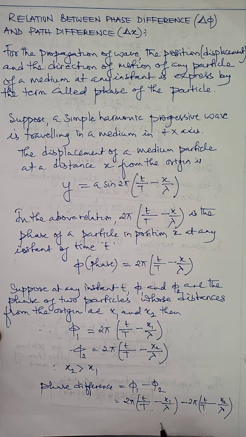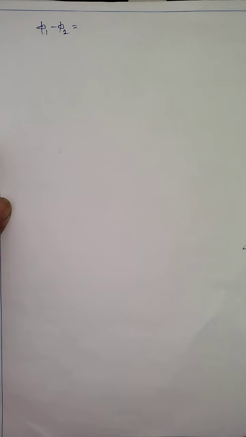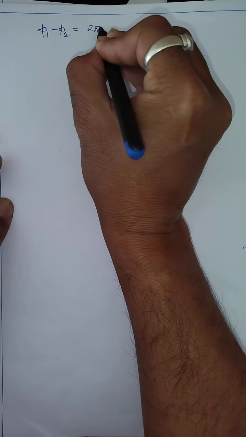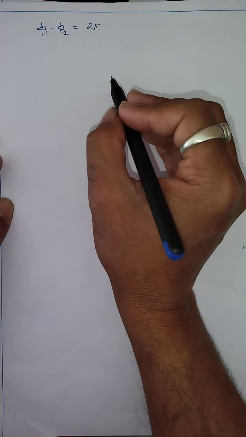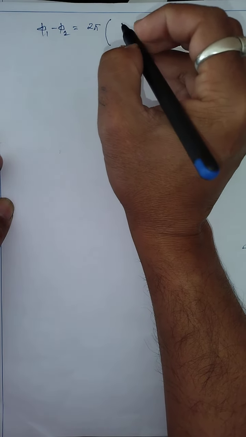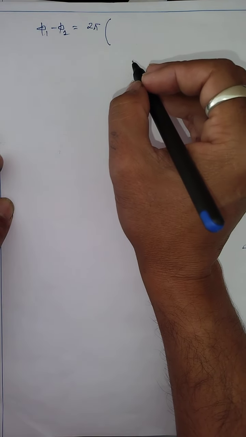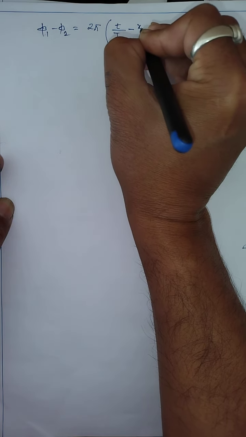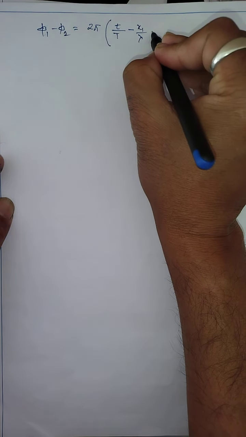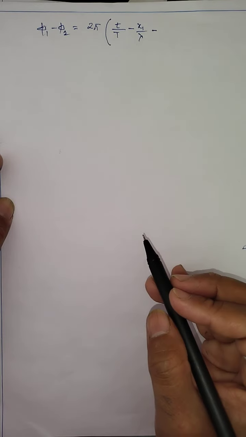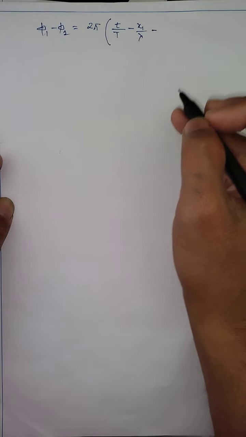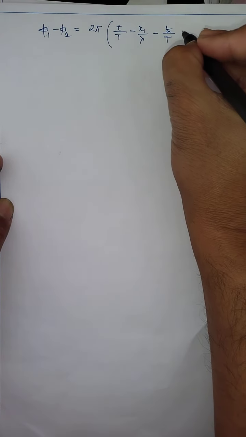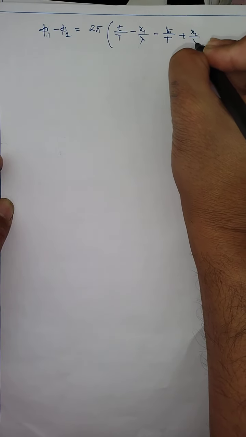Now we take common and open the bracket. The expression can now be written with 2 pi common. Inside the bracket, let me write t by capital T minus x1 by lambda, minus t by capital T, and now minus becomes plus, so plus x2 by lambda.